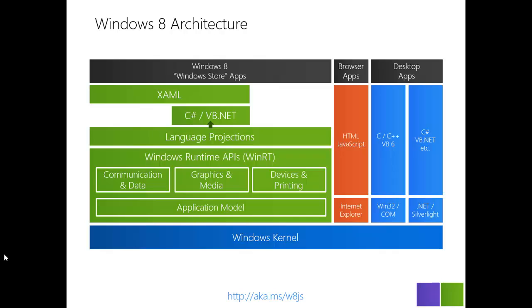You can also access the Windows Runtime API through C and C++. Or, and here's what's really special for this video, you have the ability to use HTML5 and CSS3 as your markup and JavaScript as your code behind, with language projections that allow you to natively access the Windows Runtime APIs directly from JavaScript.